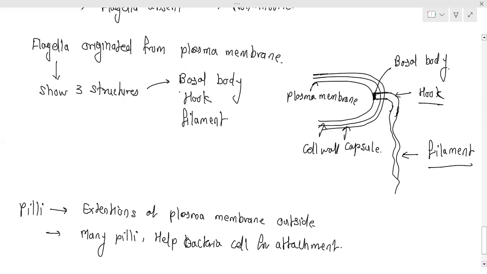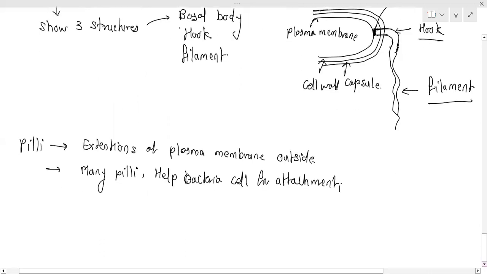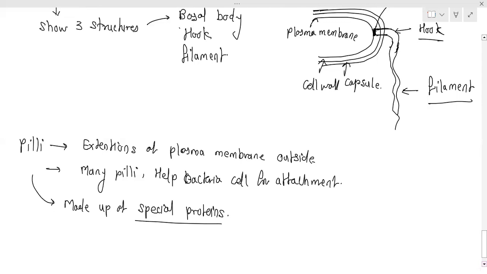Now remember, these pili are made up of special proteins. They are extensions of plasma membrane, but still made up of special proteins because they need to be hard and should be able to attach to something. Clear?